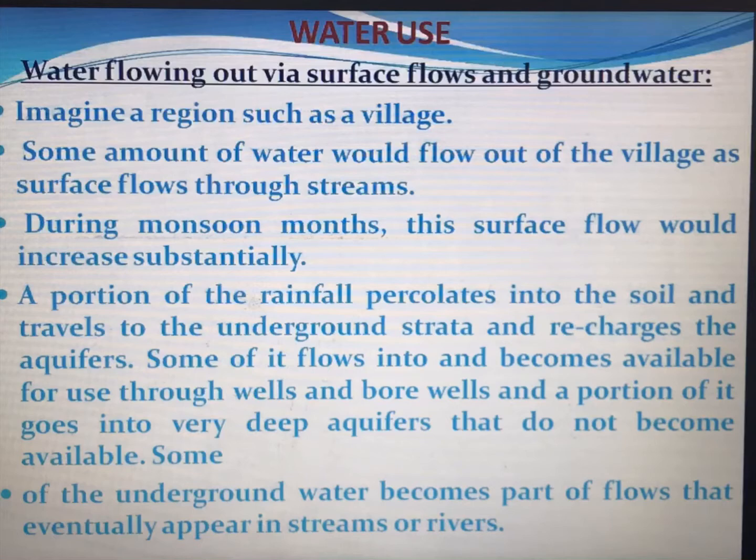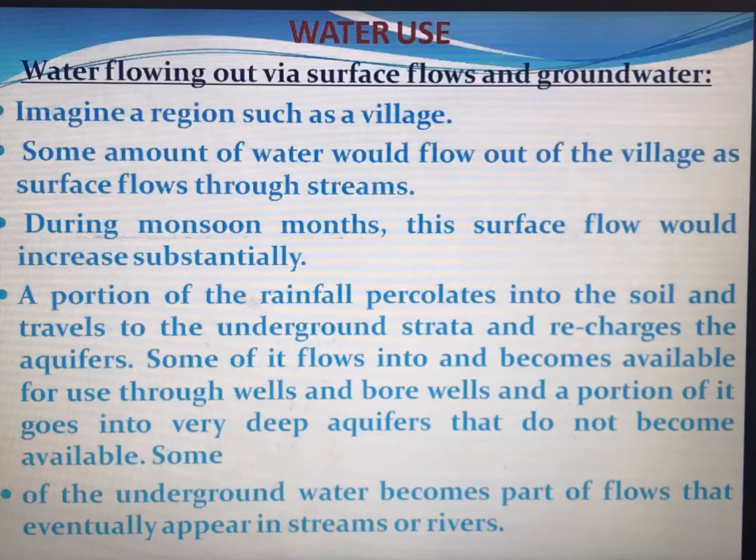So when you see a portion of the rainfall, it percolates into the soil. If you take some soil and pour water on it, the soil tries to absorb that water. We know this. The soil percolates the rainfall water into it, and then the underground water strata recharges the aquifers.